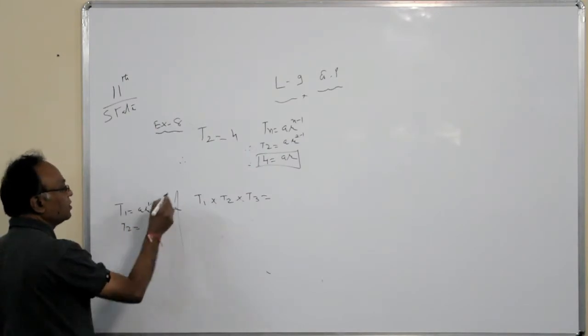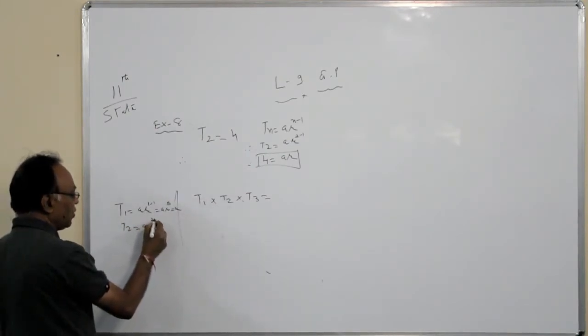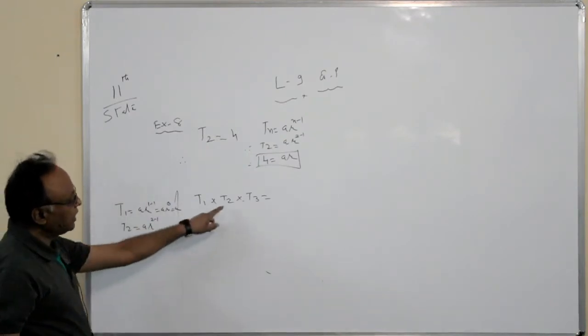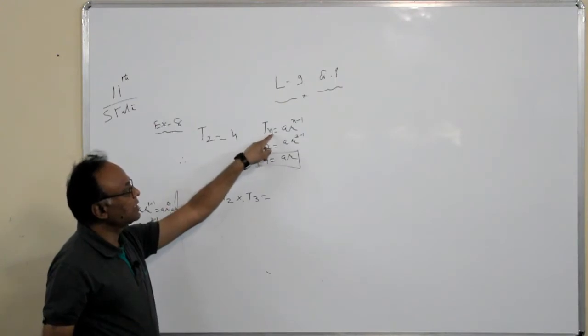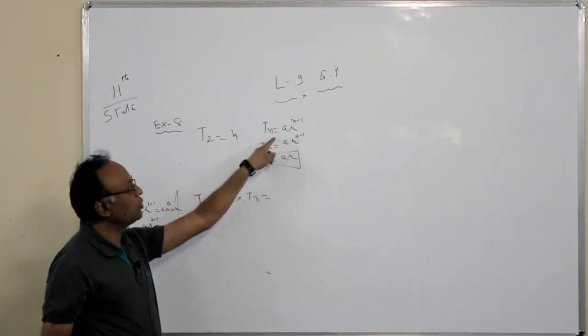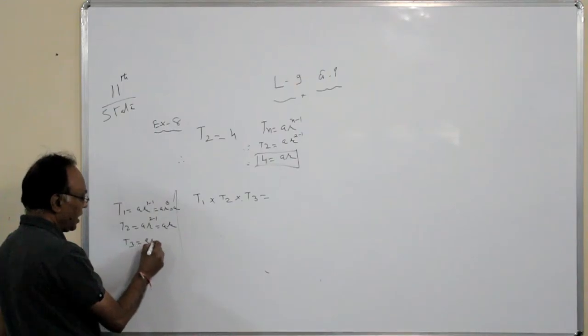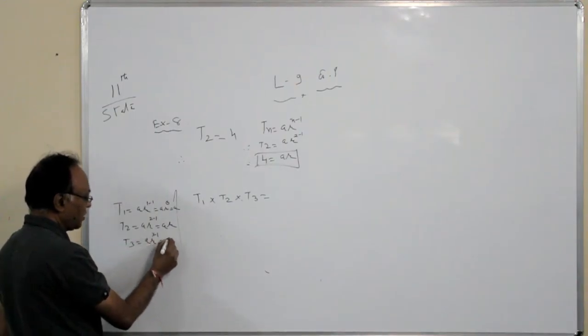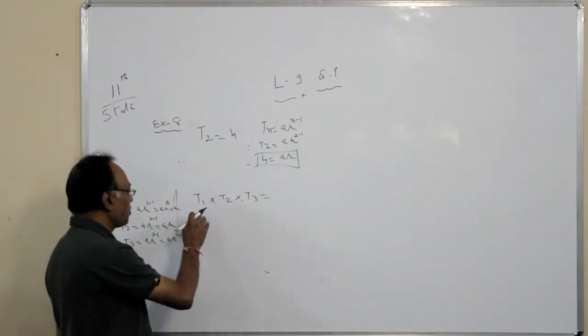T2 is equal to AR raised to 2 minus 1. The general formula is Tn is equal to AR raised to n minus 1, so T2 is equal to AR, and T3 is equal to AR raised to 3 minus 1, meaning AR square. So apply these formulas.